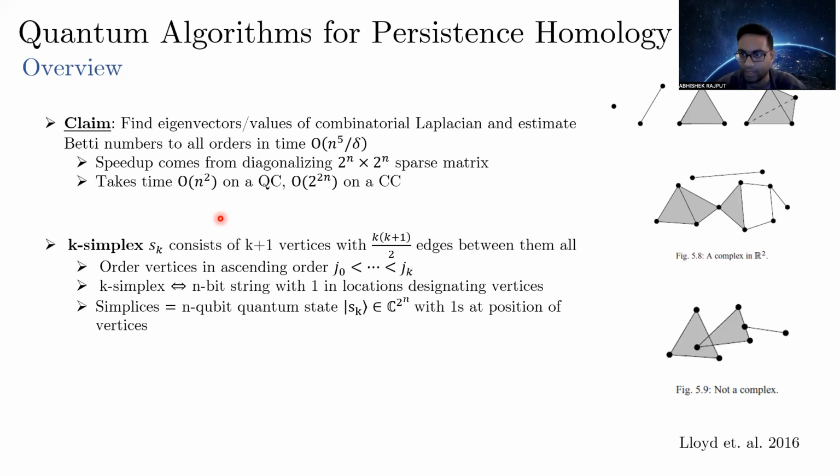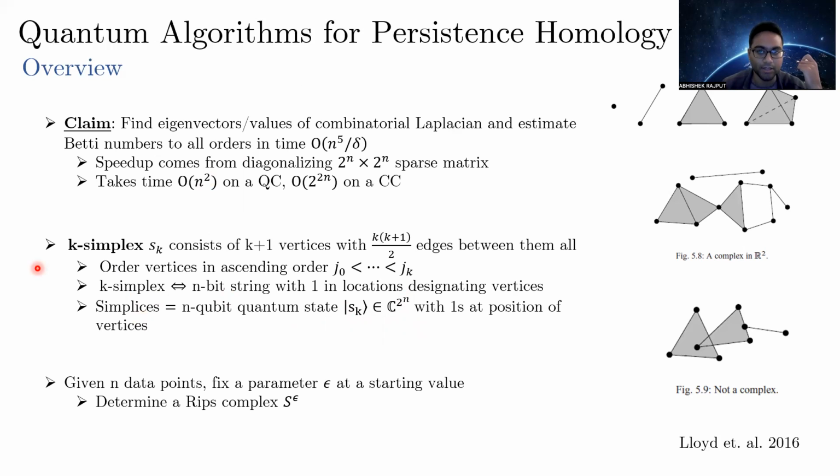So let's say you have n data points, then you have an n-qubit string, and a k-simplex in that data set would have a 1 marked in the positions where the vertices exist with respect to some ordering of the vertices. So you have some bit string of ones and zeros. And then the simplex is just a state in some n-qubit quantum state in some C^(2^n) dimensional vector space.